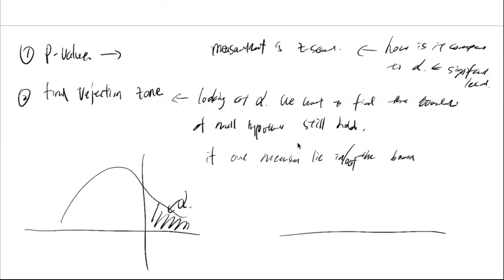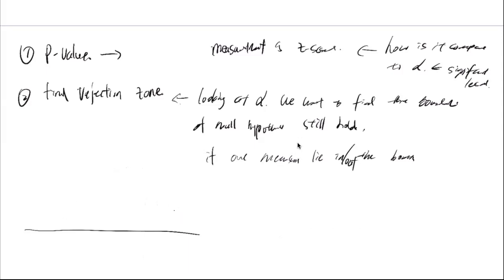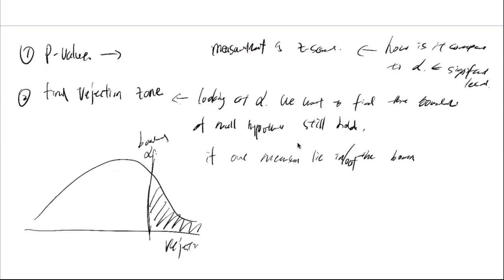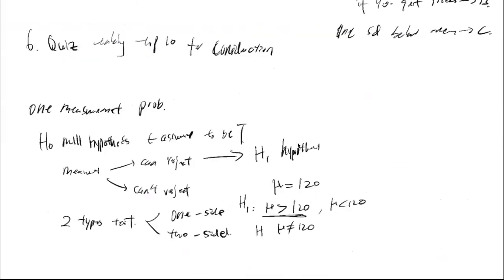The p-value is more of an algebraic thing, but finding the rejection zone is finding the boundary corresponding to alpha. If our measurement lies in the rejection zone, which will be here, we reject. An example would be great for understanding the abstract concept I just mentioned.